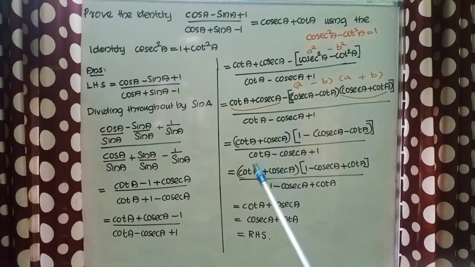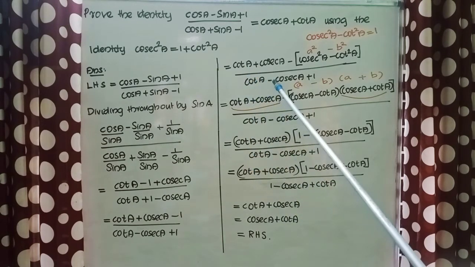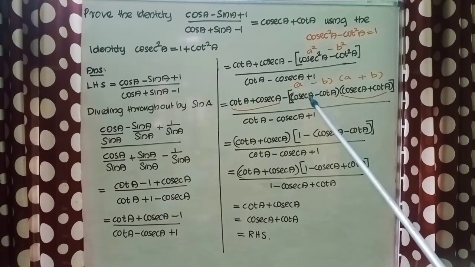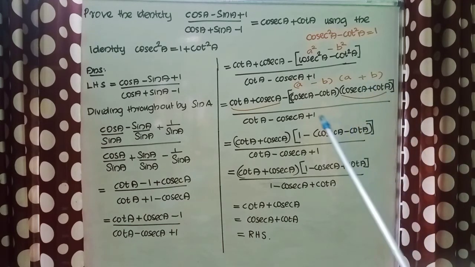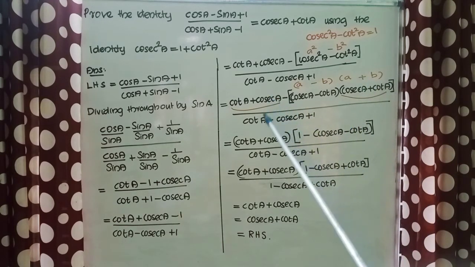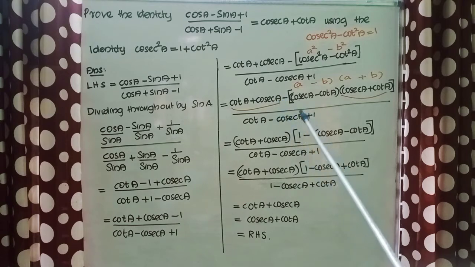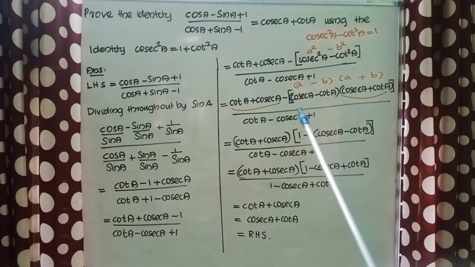So the next step is cot A plus cosec A minus (cosec A minus cot A) into (cosec A plus cot A) whole divided by cot A minus cosec A plus 1.